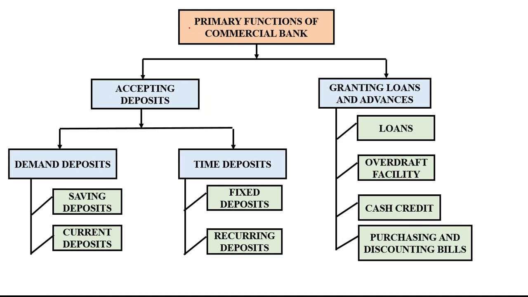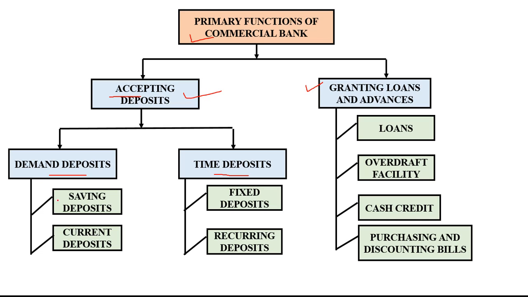These are the primary functions of a commercial bank. First is accepting deposits, and second is granting loans and advances. Further, accepting deposits is classified into two types: demand deposits and time deposits.